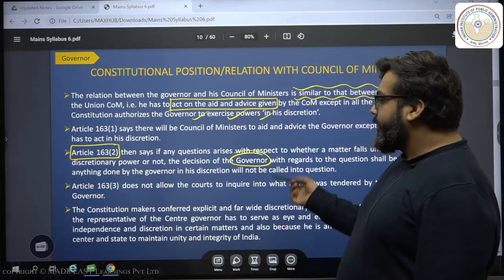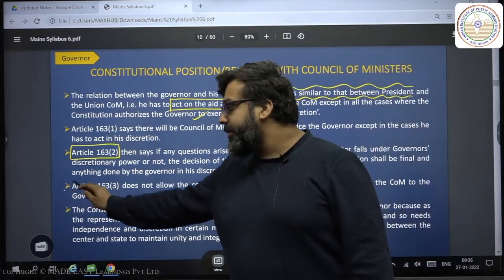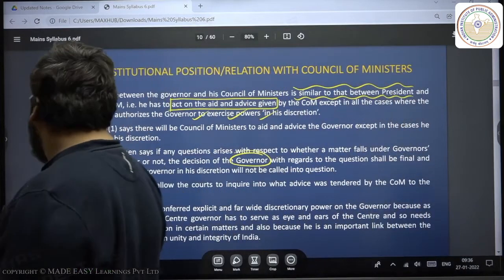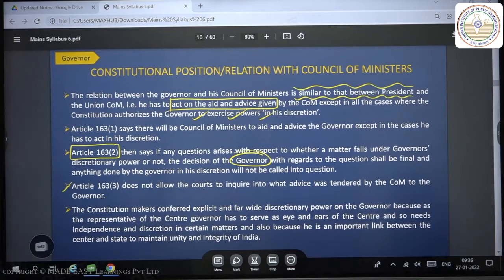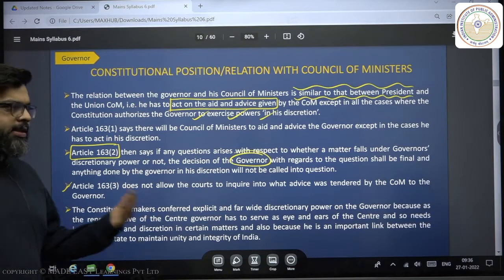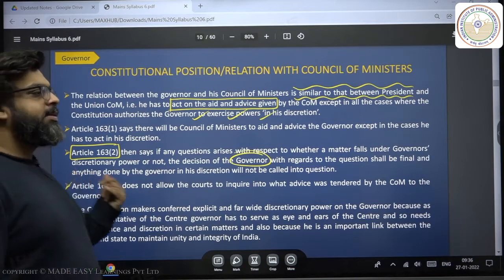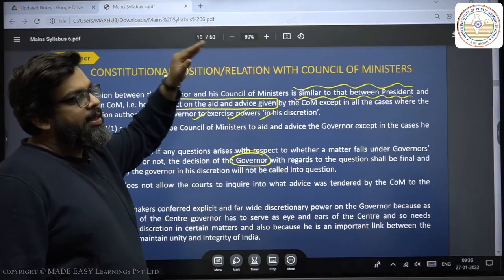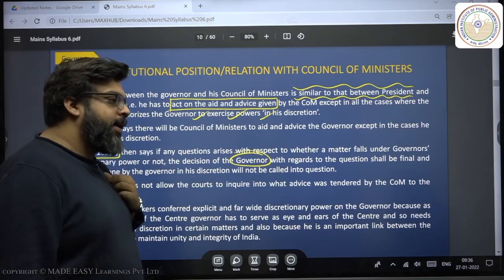Right? Now, this is also true for Article 163 Clause 3, which says that the advice given by the Council of Ministers to the President, right? That cannot be inquired into.